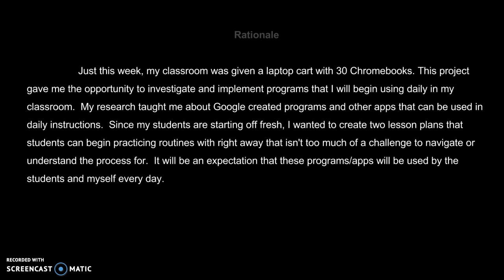So my rationale: as I said, the students were just given laptops that they will receive from a laptop cart every morning. I really appreciated the timing of this assignment because now when the new year starts, when we get back from break, I hope that I'll be able to show them this first lesson and the second the first day of school, and we can begin practicing it and hit the ground running.